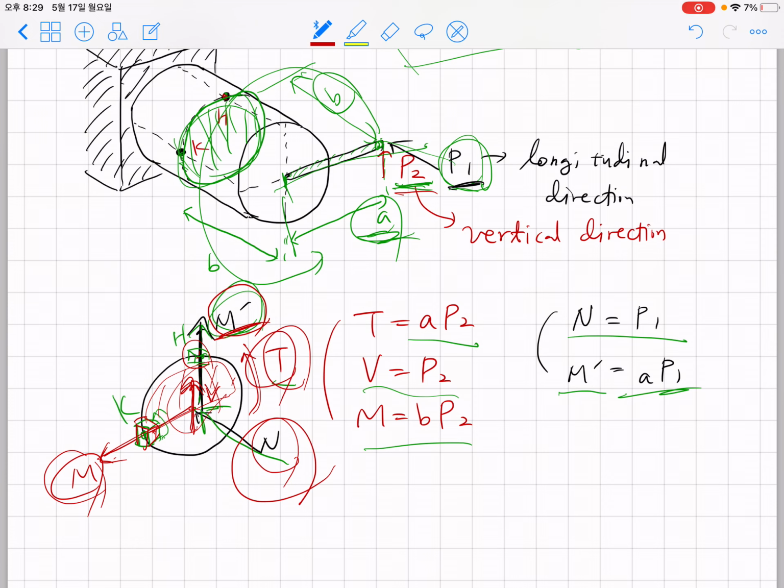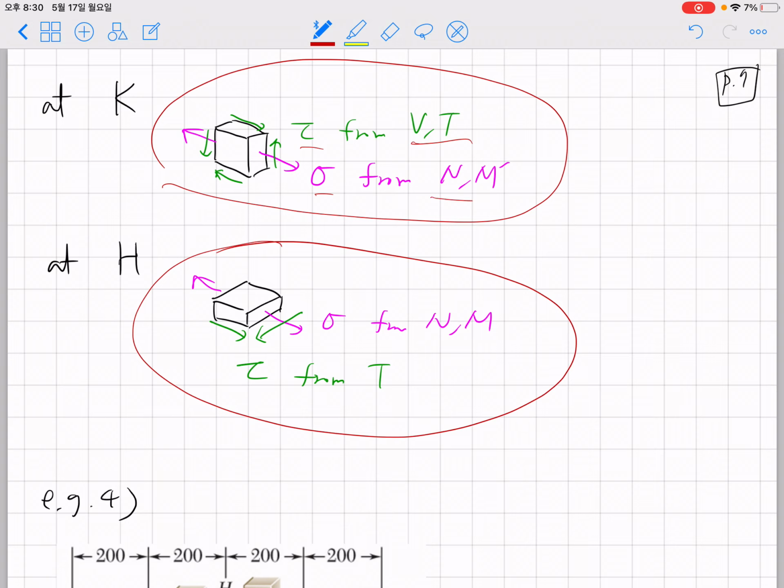If we clearly summarize, you can draw these free body diagrams. For each component, sigma and tau, you sum up the contributions from the different reactions. After identifying sigma and tau, you apply the Mohr circle for 2D and try to obtain the maximum normal stress and maximum shearing stress.